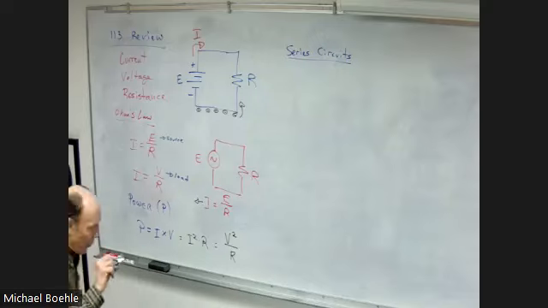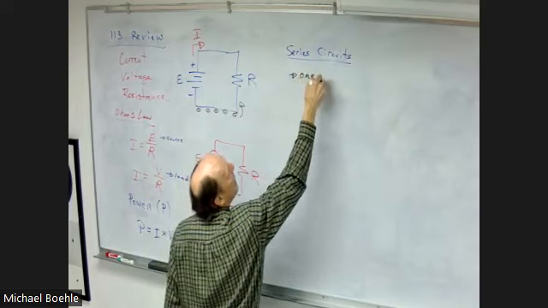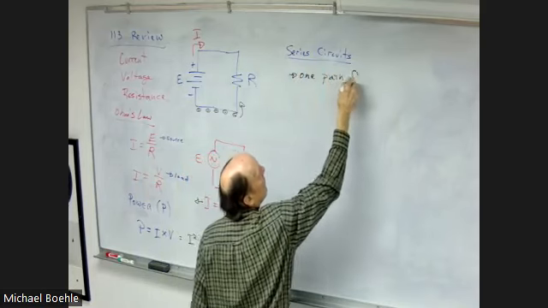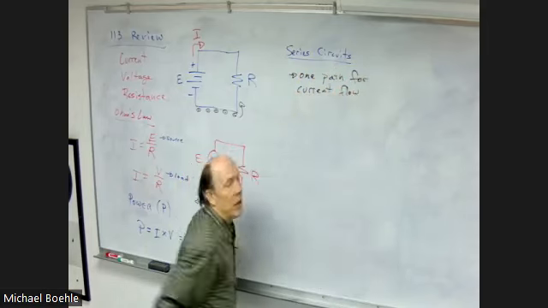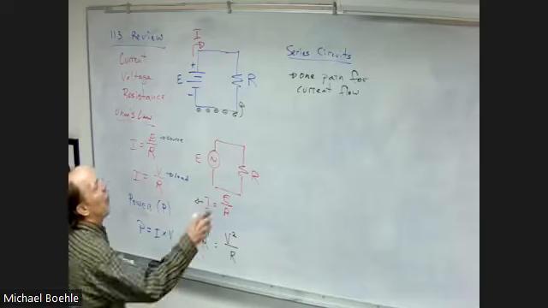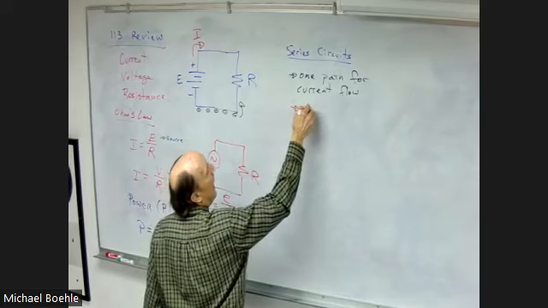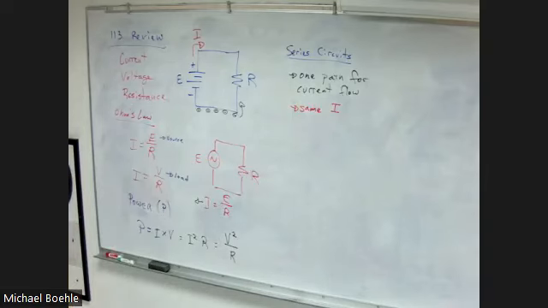For a series circuit, what does that really mean? One path for current flow. Components are in series if there's only one path for current flow. That means all components in series have the same current. What happens with voltage?